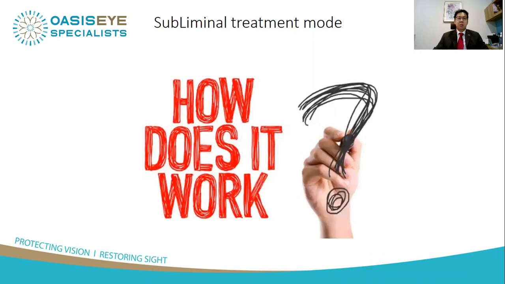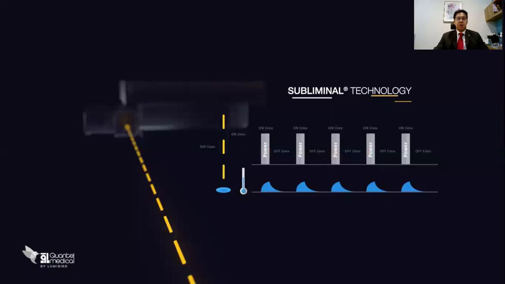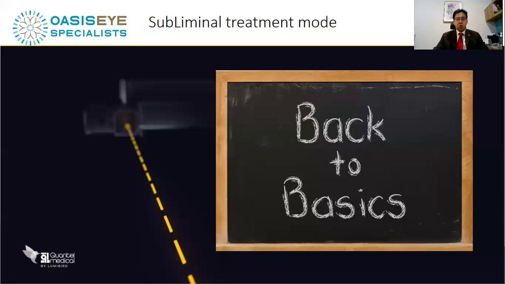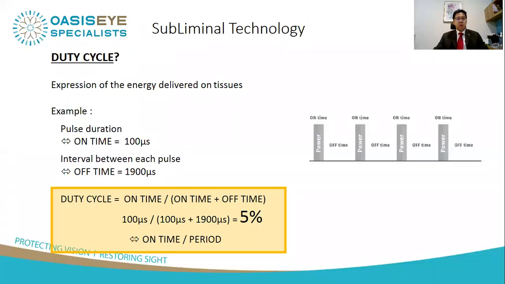So how does subliminal laser treatment work? Basically, it's very old technology that's been pioneered for more than 20 years. What we need to know is that a proper subliminal laser is a train of laser pulses that are broken up in time.